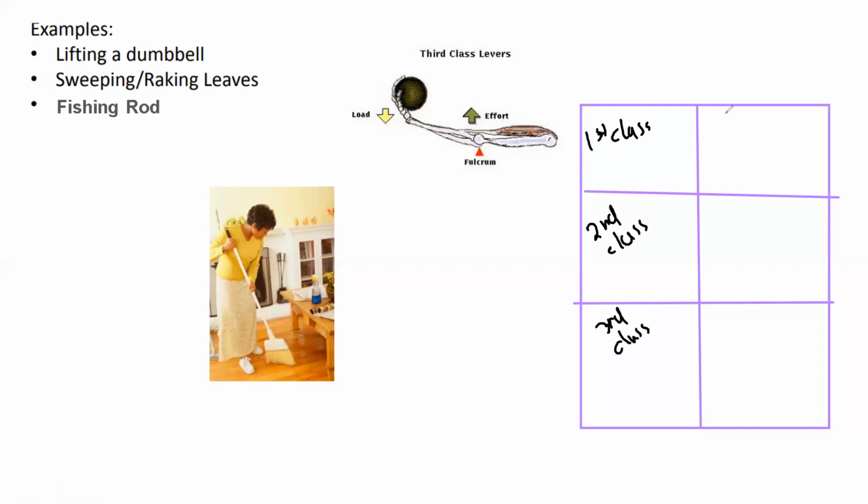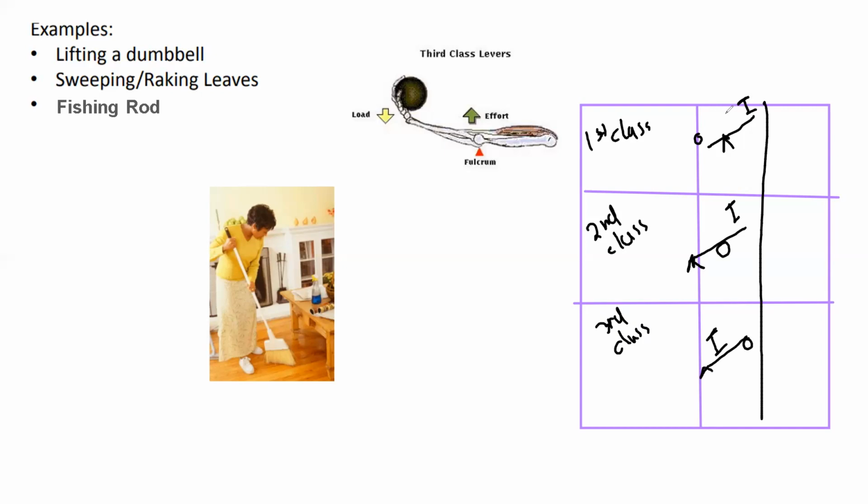For the first class, as we said, the fulcrum point is between the input and the output. On the second class, the output is between the fulcrum and the input. And the third class, the input is between the output and the fulcrum.